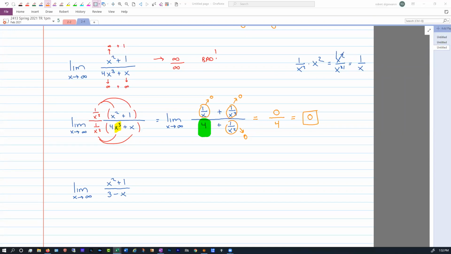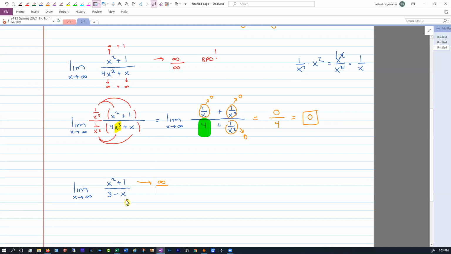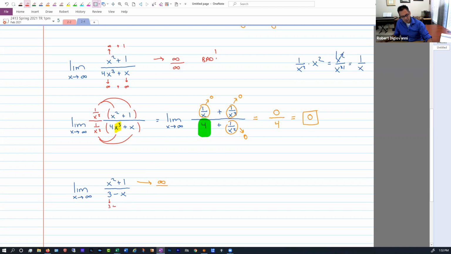I'm here. Okay, so where's the numerator headed, Emmanuel? Be headed to infinity. Okay, and then where's the denominator headed? Would that also be heading towards infinity? It would be. However, just to be careful here, this is headed to 3, and then you're subtracting a number that's headed to infinity.